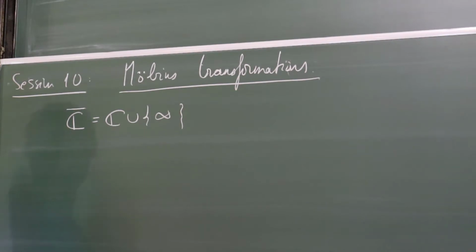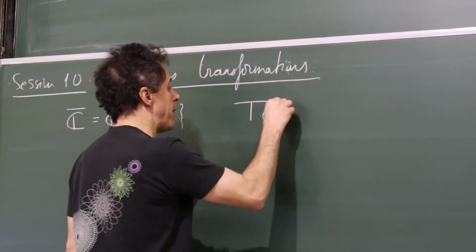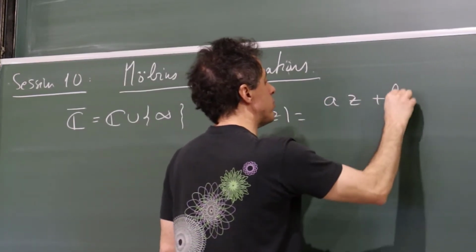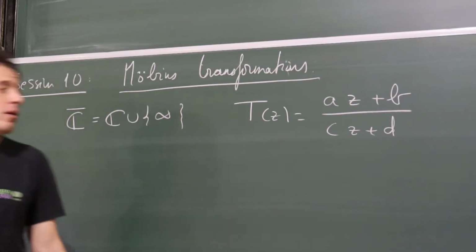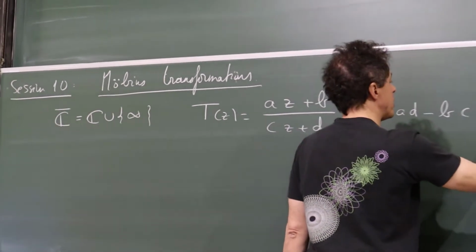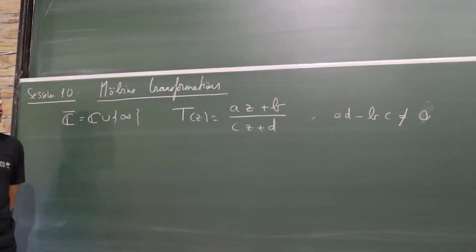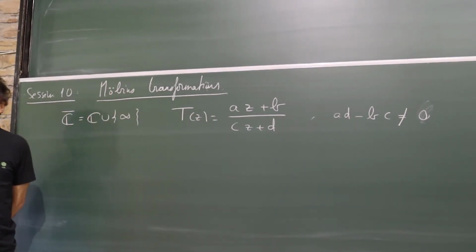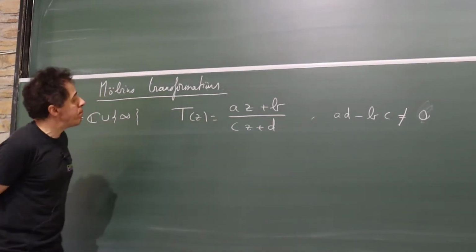We showed that a biholomorphic map between C bar and itself is always a map like this, where A, B, C, and D are arbitrary complex numbers, with the only condition that the determinant of the matrix of the four coefficients is not zero, so that the numerator and denominator don't cancel.